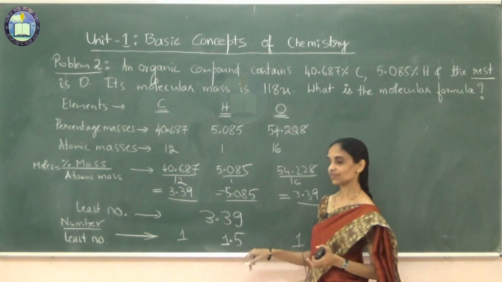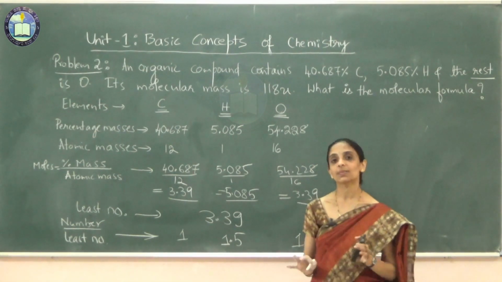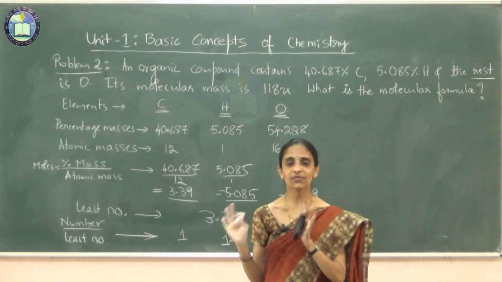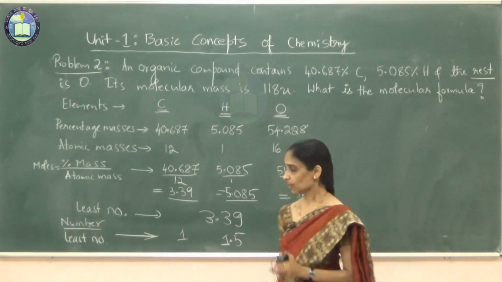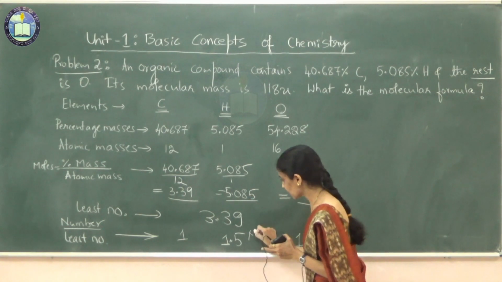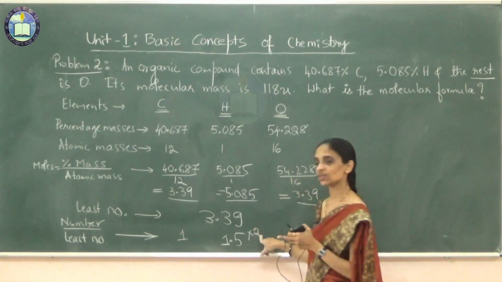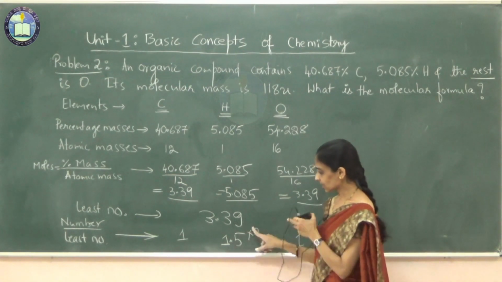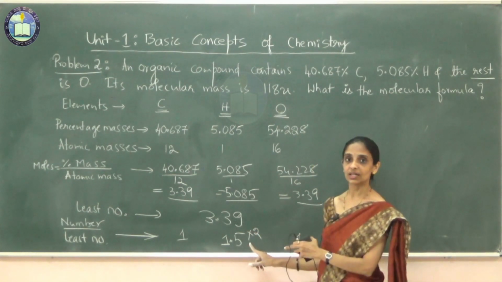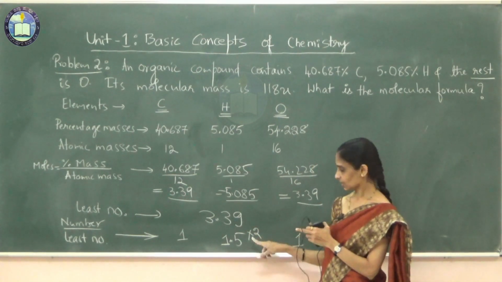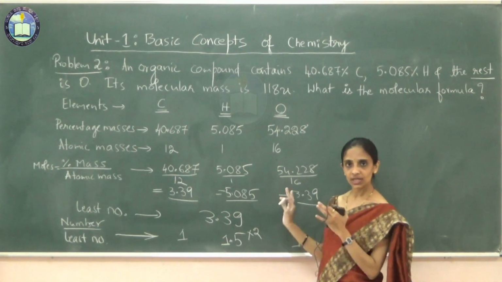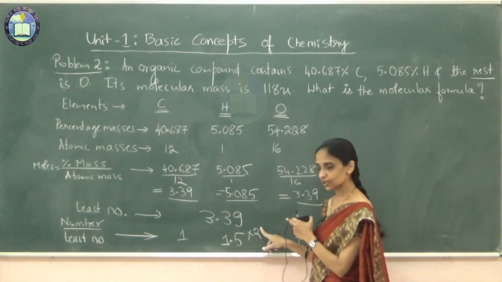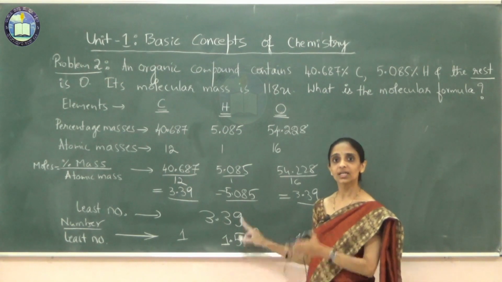When you multiply 1.5 by 1 you will get 1.5. That's not an integer. But if you multiply it by 2, the next number after 1 is 2. So if you multiply by 2, then this becomes 3. 3 is an integer. Multiplying by 1 is of no use. But if you multiply by 2, then you will get 3.